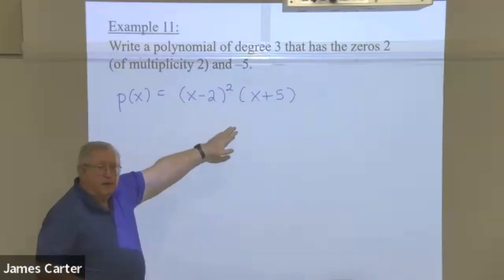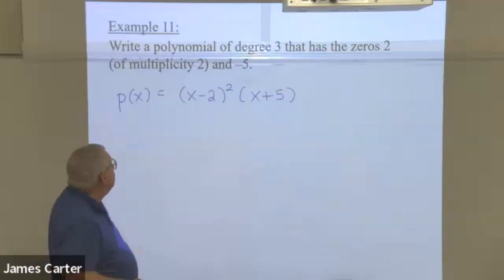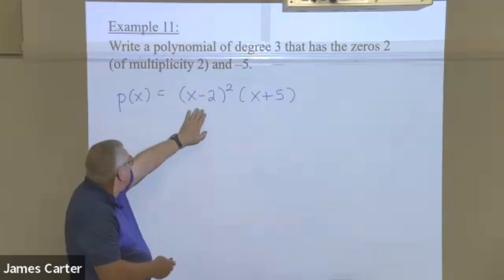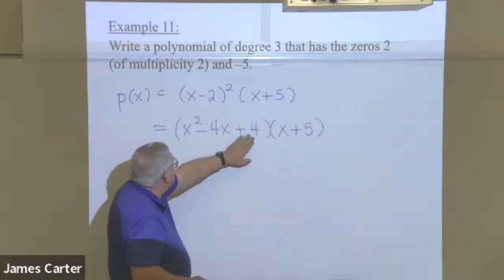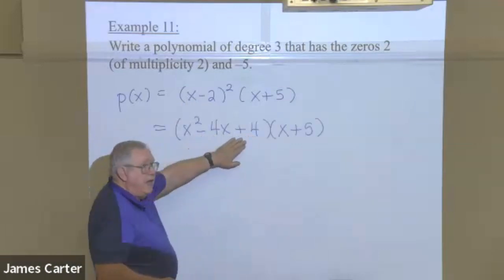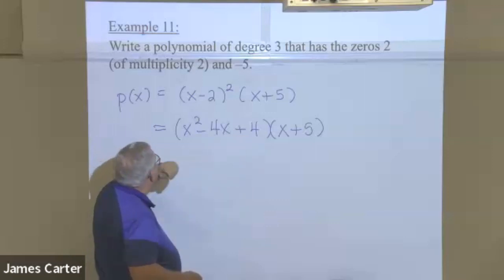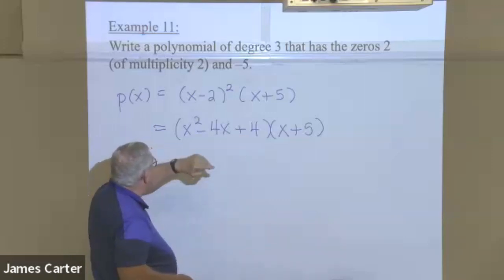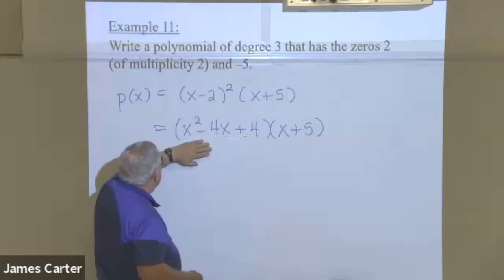Now we have to multiply these out to find the polynomial. Well, this one multiplies pretty easily using your form A or form B on my handout sheet.